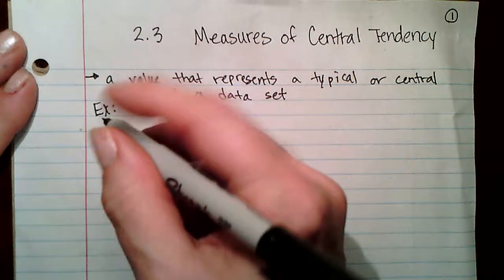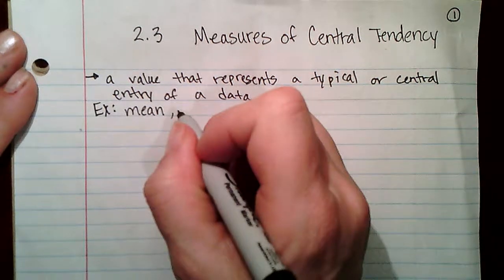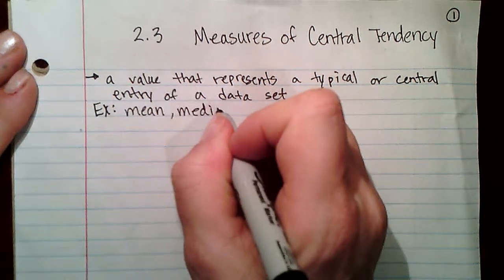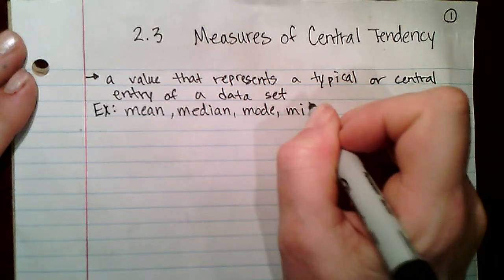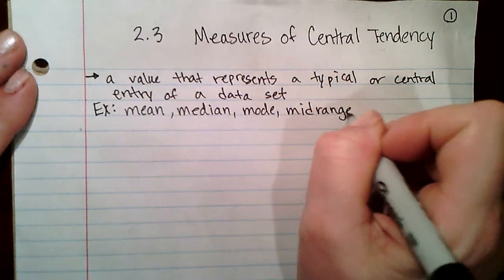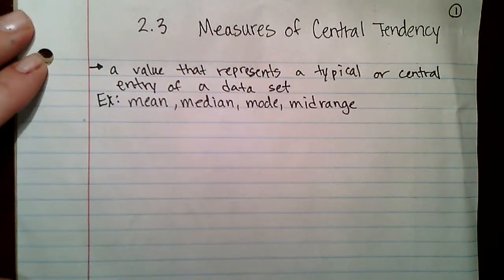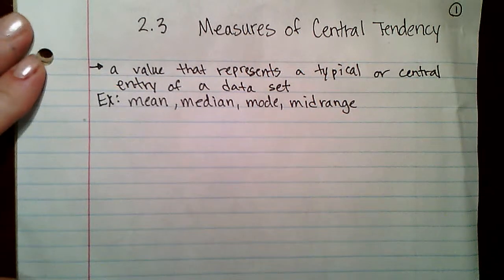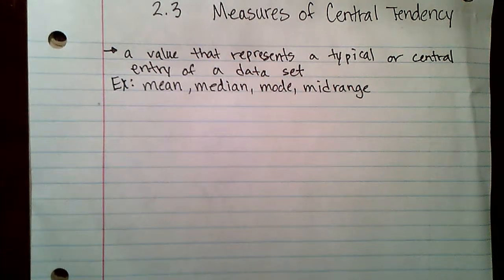You are going to be familiar with a few of them. Mean is a measure of central tendency, as is median, mode, and midrange. Now, midrange is one that's not very commonly used. It's only used in circumstances where the other ones are not valid, but we will talk about it.